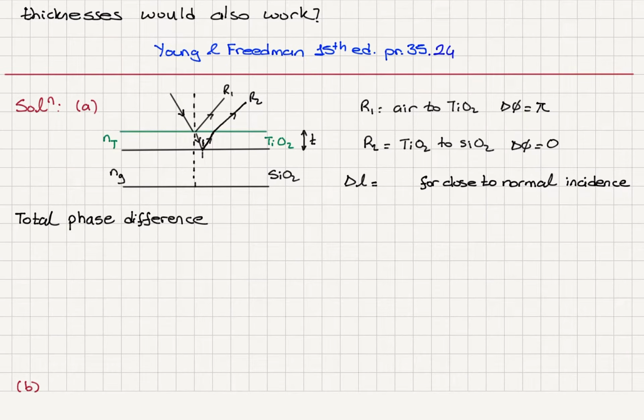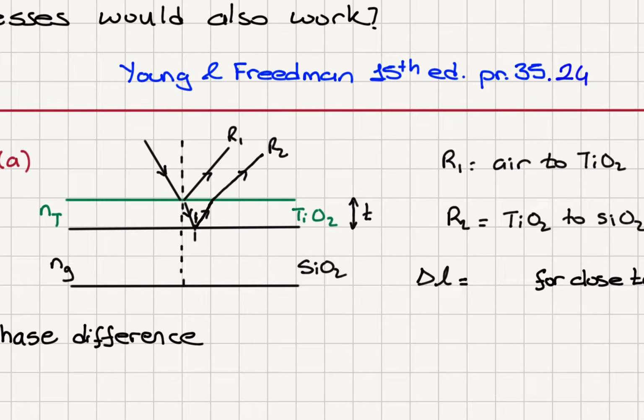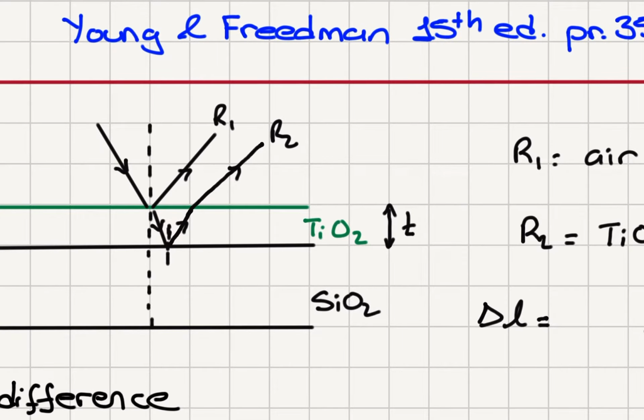But there is a path difference that is developing between these two rays, R1 and R2, and that path difference is due to the time the light spends inside the titanium oxide medium, traveling a thickness t and t on the way back.